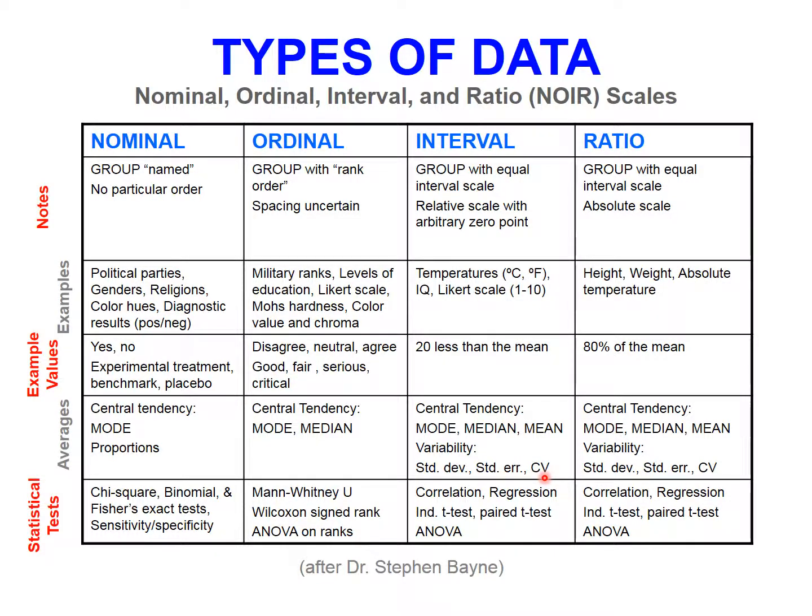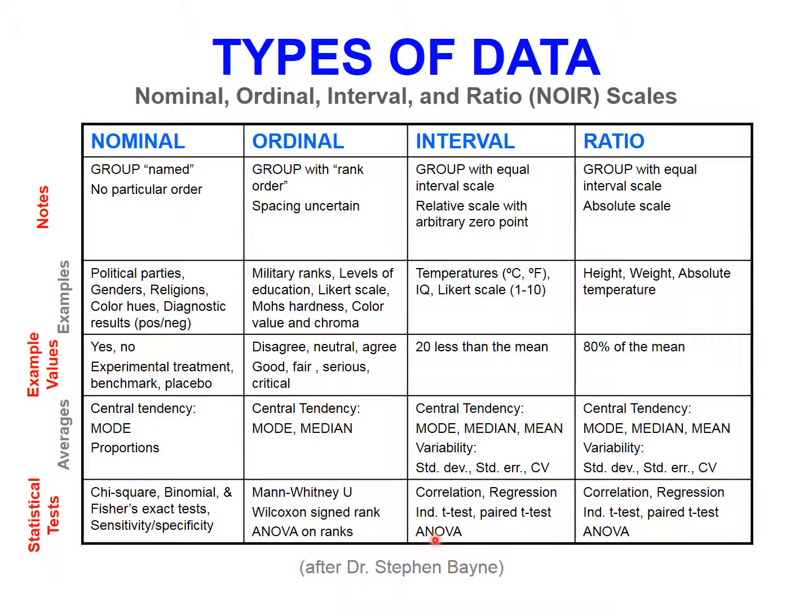So we can now do correlation between two different interval variables. We can do regression analysis, an independent t-test, a paired t-test, which we would use in the case of before and after data on the same test subjects, and the regular analysis of variance that's so popular.